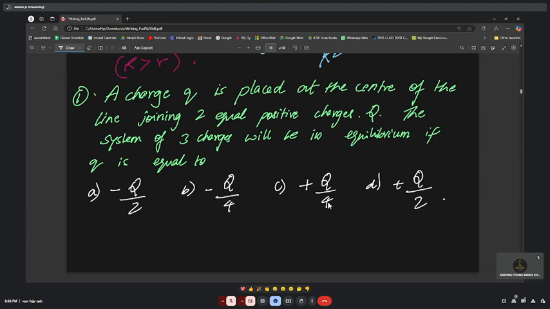Yes, children, you can try it now. The ball is in your court. First, try to draw the figure.